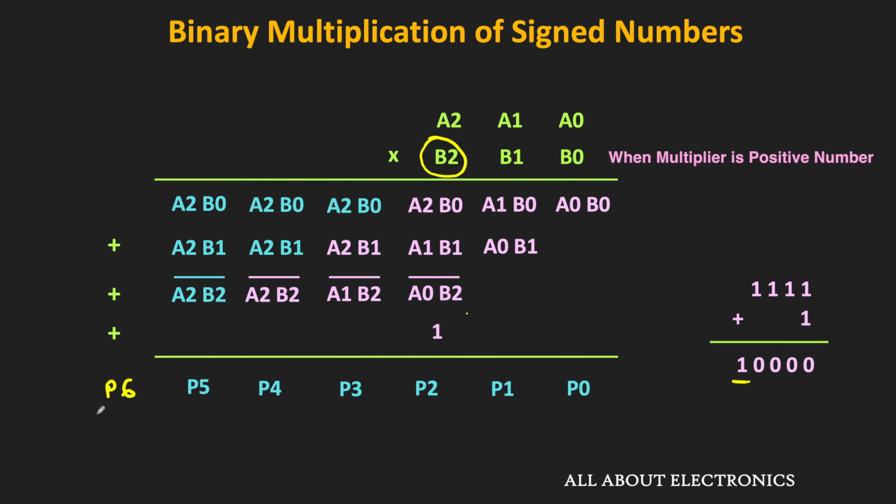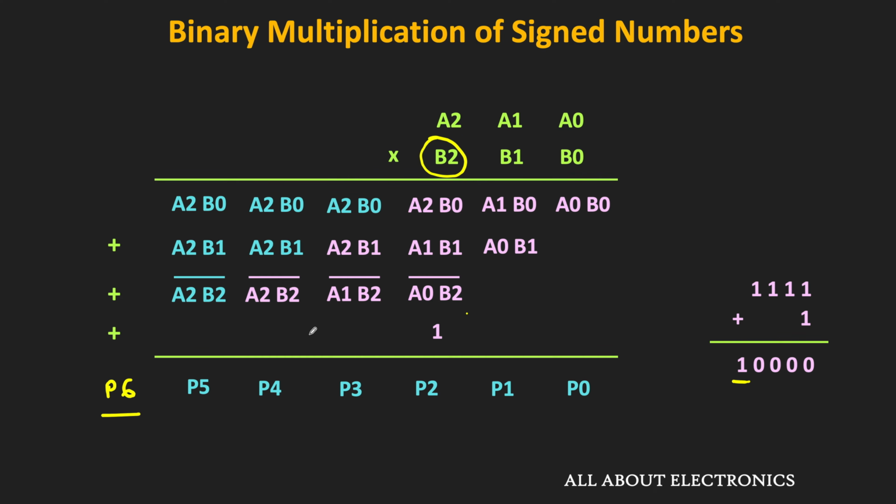Here we can ignore that bit, because we are only concerned about the first 6 bits, that is from P0 to P5. That means in this method, whenever the multiplier is positive, this b2 bit will be 0, and because of that, this last partial product will vanish. Therefore, this method will work even if the multiplier is positive or negative.